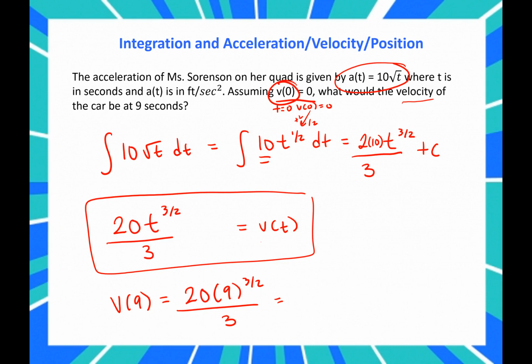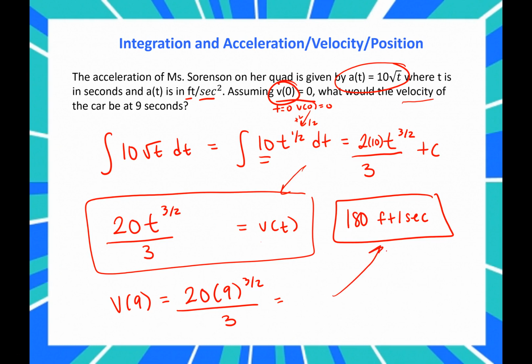I get 180. Now let's think about what the units are going to be. In this case, we're talking about feet per second squared, so this is going to be feet per second. Alrighty, that's our answer. This is our velocity function, and we just plugged right in to get our final answer.